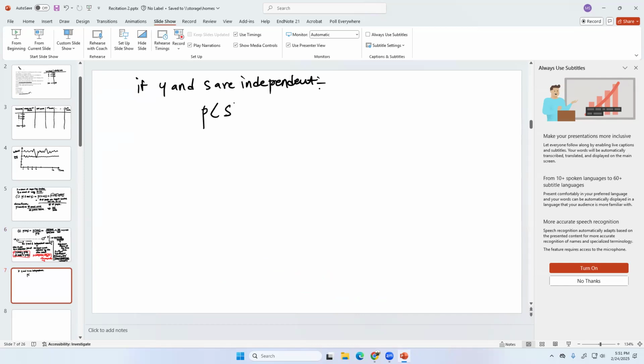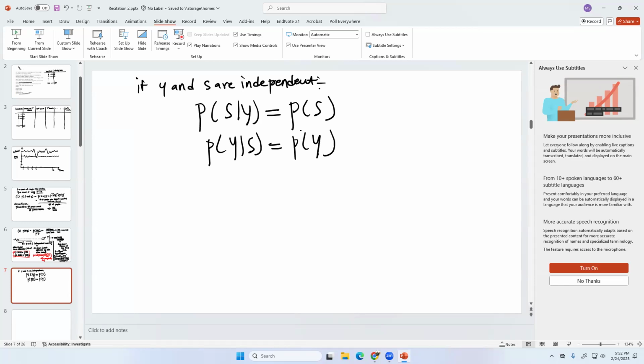Then probability of S given Y is just the probability of S. And probability of Y given S is the probability of Y. You guys can see this, right? These two things hold if Y and S are independent. So you can check if this is true or not. If this is true, then Y and S are independent, right?